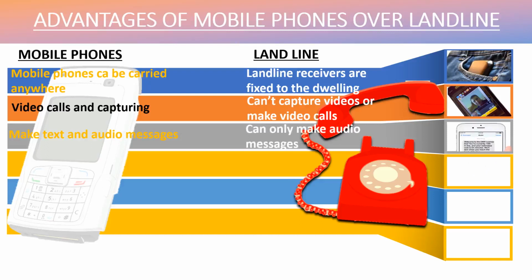If you can't hear, then I cannot send you an audio message. And even if you can hardly speak, it becomes very difficult to send a message through the landline. But with cell phones, you can text, it's no problem.